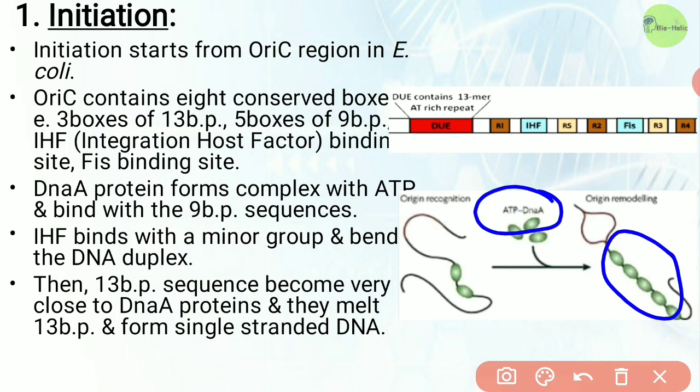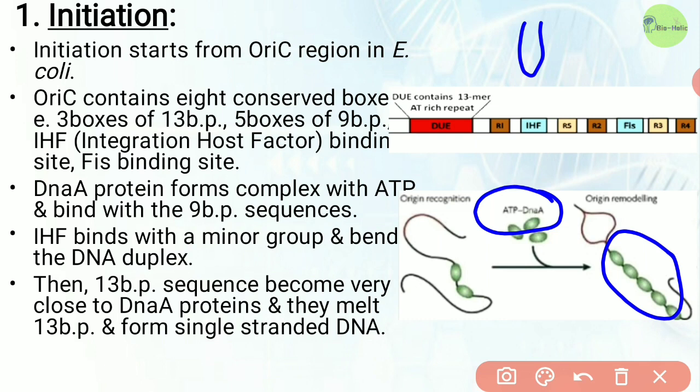Okay, and then IHF or integration host factor binds with the minor groove and bends the DNA duplex in this manner. Okay, because the proteins which bind with the minor groove obviously have the tendency to bend the DNA, and that's why the 13 base pair sequence becomes very close to the DnaA protein.